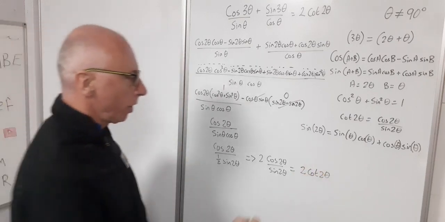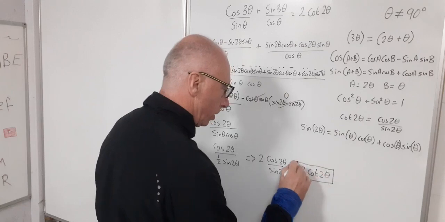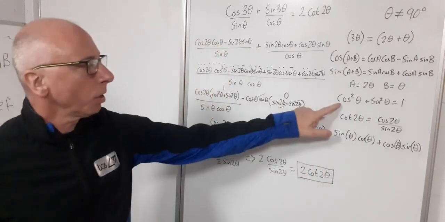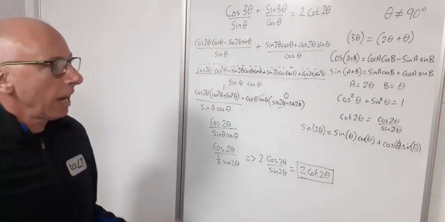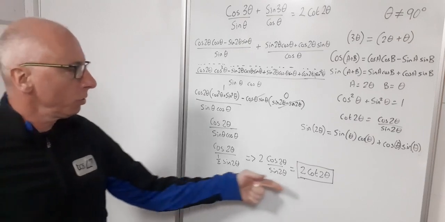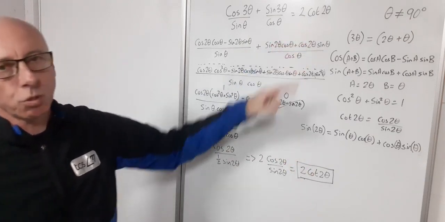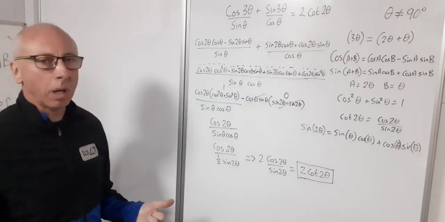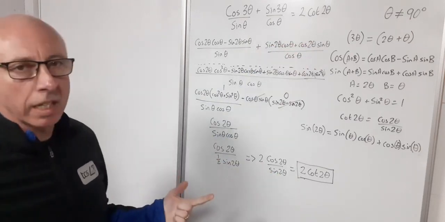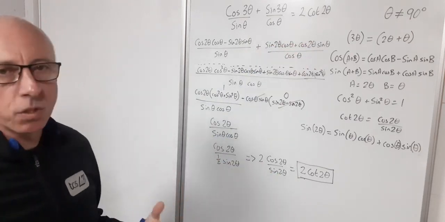And that's exactly what I wanted. So using the sum rule and a couple of trig identities here, everything's perfect, and we've got 2 times cotangent 2 theta, which is just what we wanted. So that's the first part of this question. Now I'm going to use this again now to try and find some values for theta.